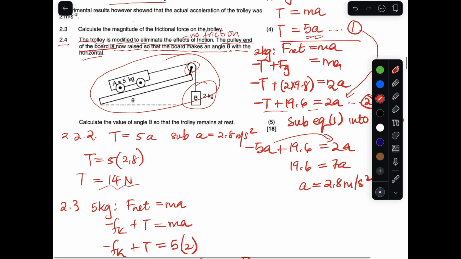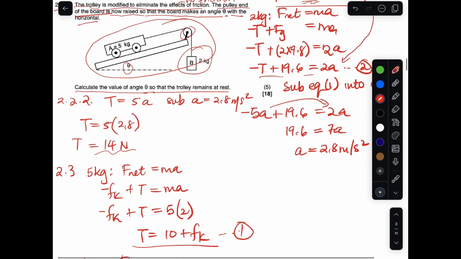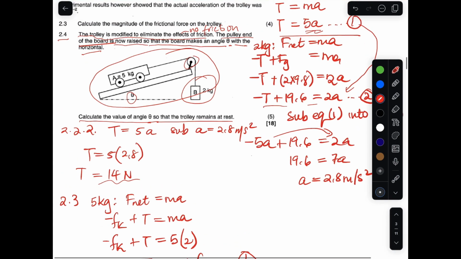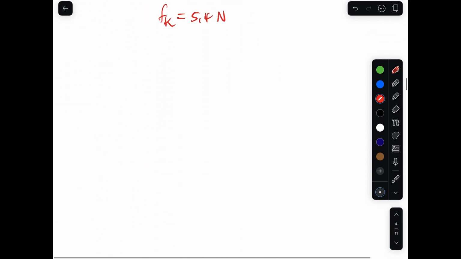Now the question says calculate the value of angle theta so that the trolley remains at rest. We wanted that angle there. Let's cut to the chase, guys, in 2.4.